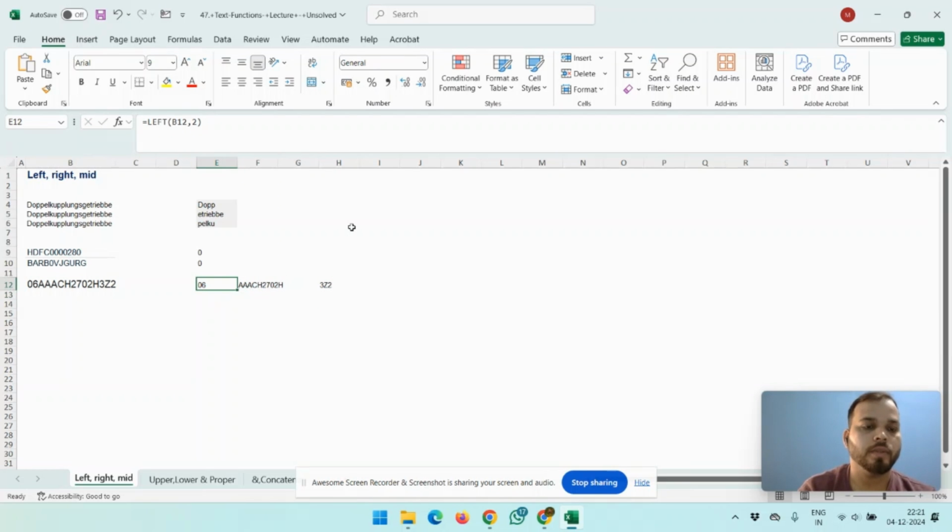So this formula works. If you know these things, you can easily identify everything. It's a very useful formula in day-to-day life when you are doing work over Excel or any other work. This formula also works here.